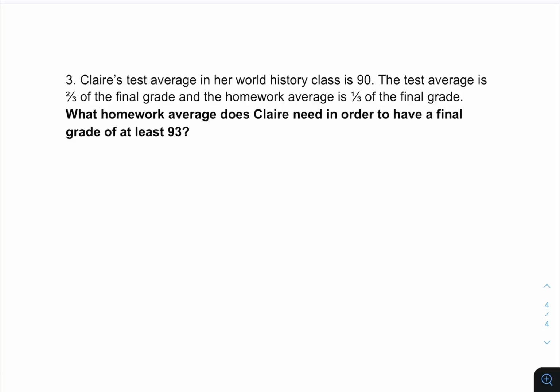And moving on to our third example, Claire's test average in her world history class is 90. The test average is 2/3 of the final grade, and the homework average is 1/3 of the final grade. What homework average does Claire need in order to have a final grade of at least 93? So we're first going to make a word expression to show what we're looking for.